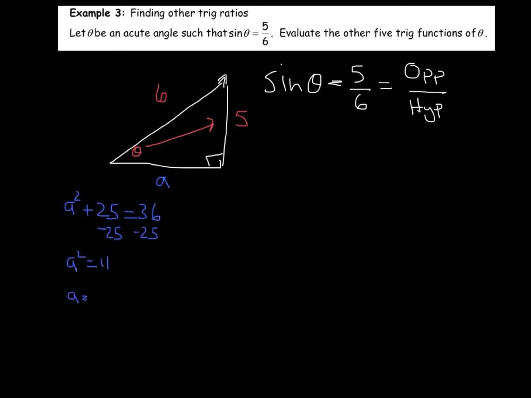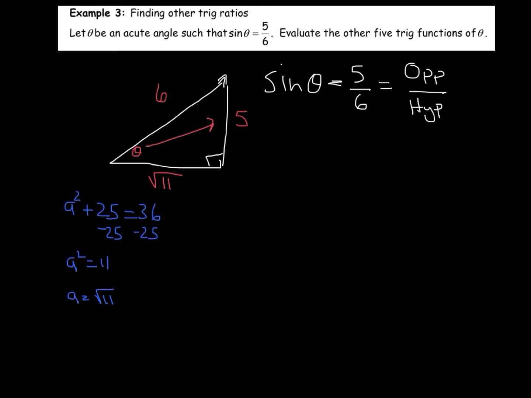So A equals the square root of 11. Now I can go back and erase that, and put in its place root 11. Anytime you have two sides of a right triangle, you can always use the Pythagorean theorem to get the third side. So now I've got all three sides.